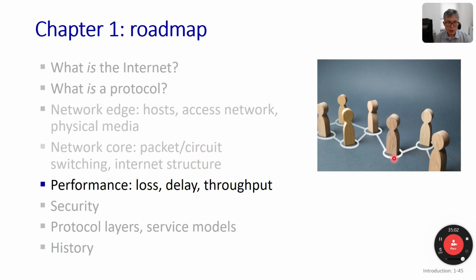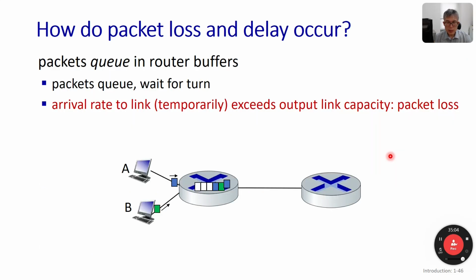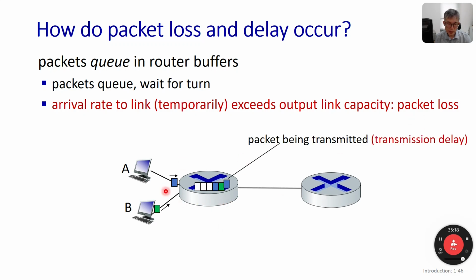Let's move on to performance: loss, delay, throughput. This is a typical network. When the arrival rate exceeds the uplink capacity, packet loss happens, because many packets are queued up, and the queue is a limited resource.